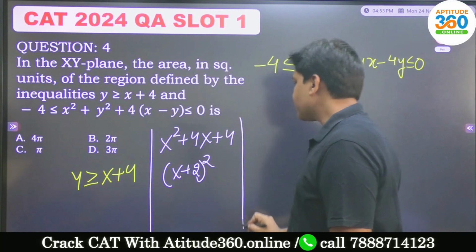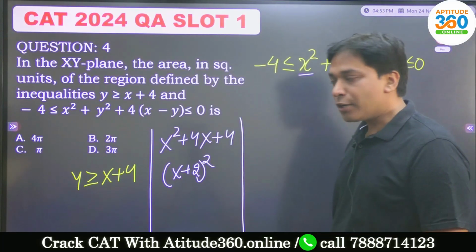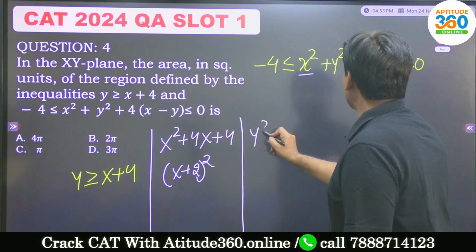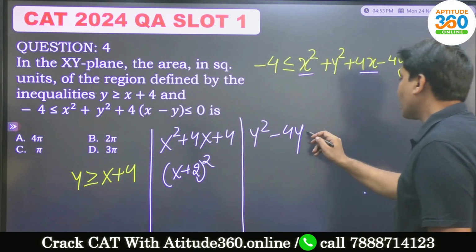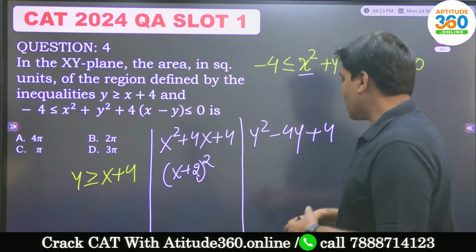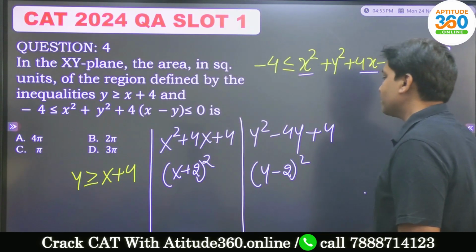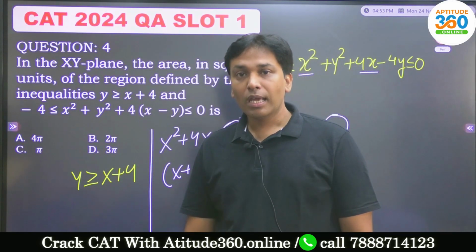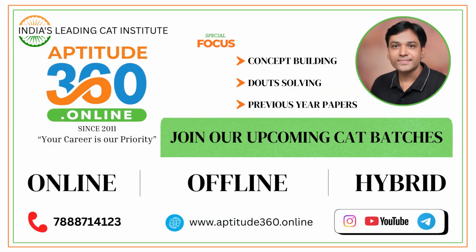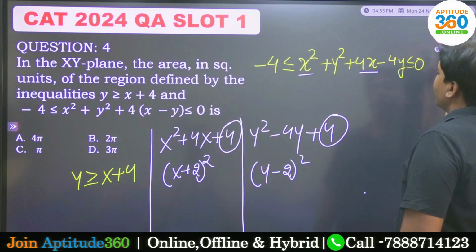And then had you had y square minus 4y, and if you had 4 more, then this could have been y minus 2 whole square. So we are adding 4 and 4. So if you want 8, you should be able to add 8 here and then here and then here.